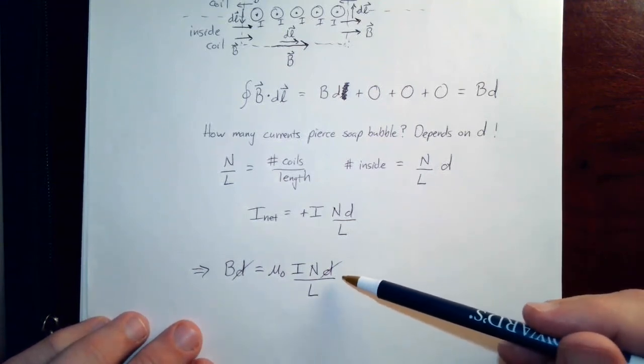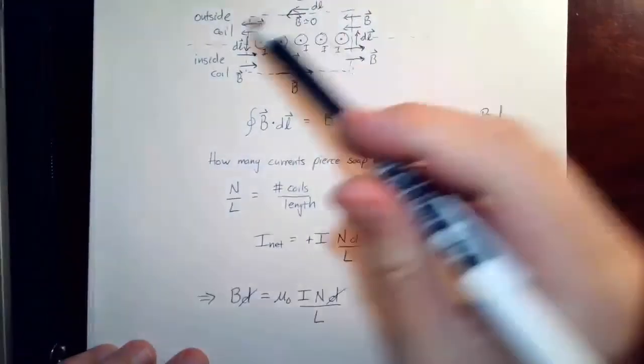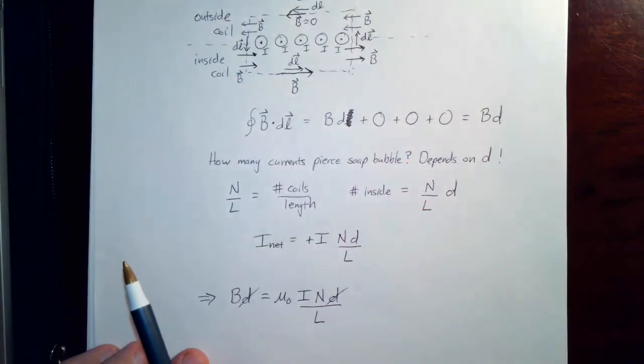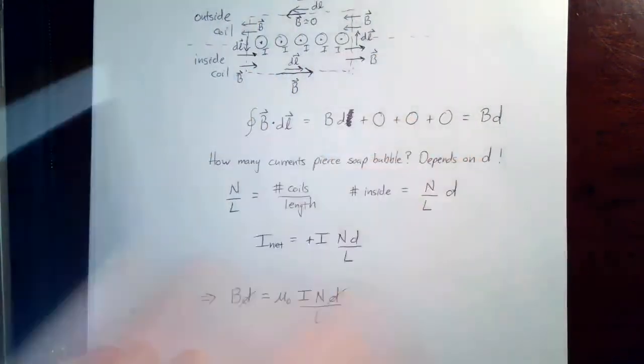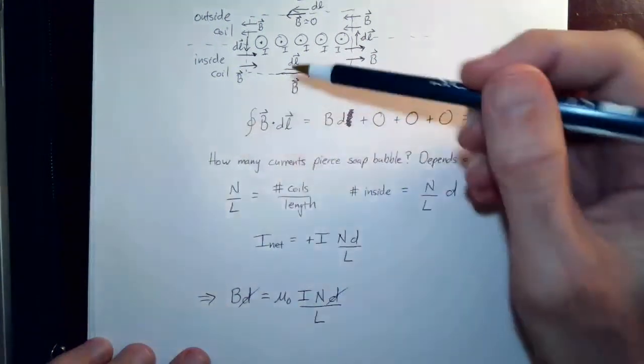And the reason for that is because d is the length of this imaginary mathematical loop that we created. And the laws of nature are not going to care about which size of imaginary loop we chose when we were doing this calculation. Okay, they need to be independent of the imaginary part.